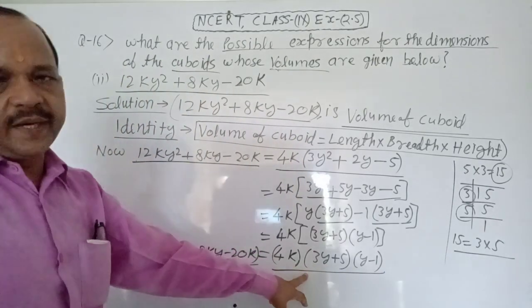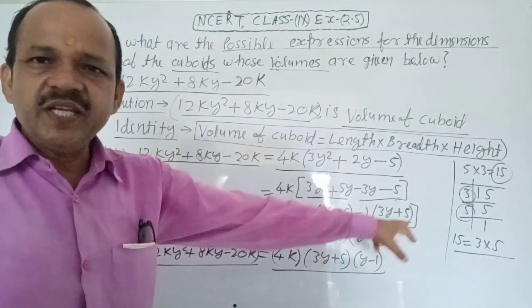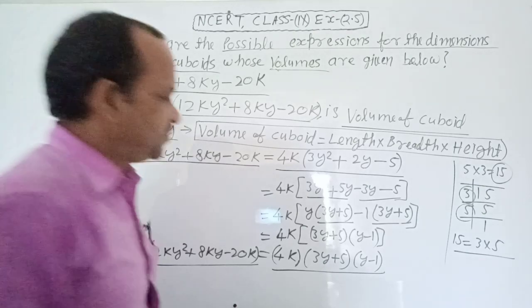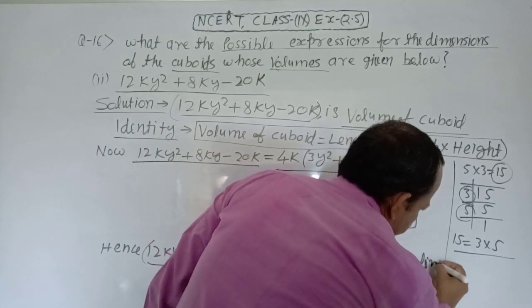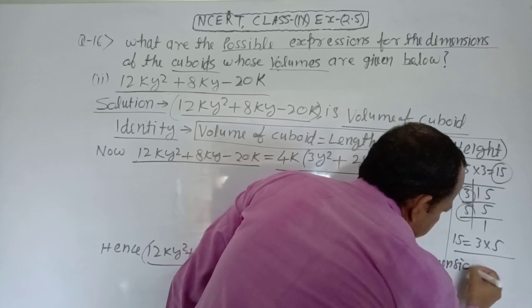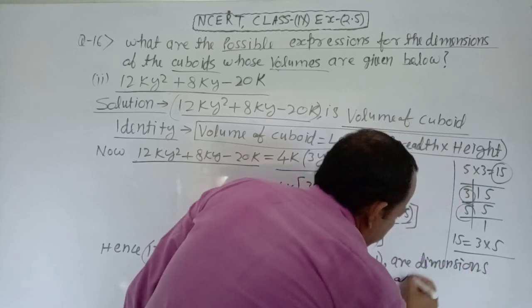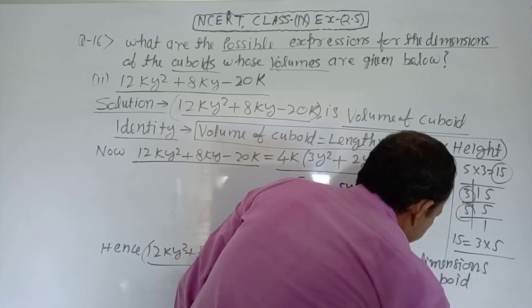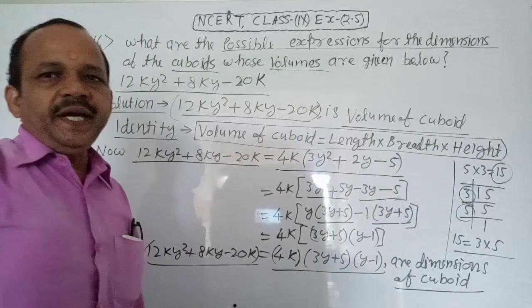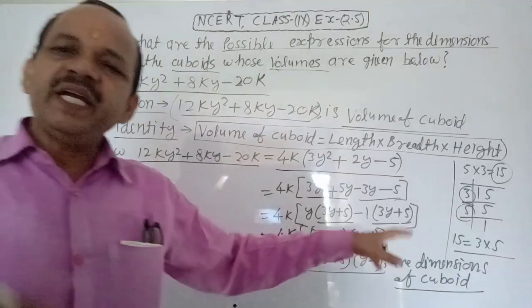4k, 3y plus 5 and y minus 1 are the dimensions of the cuboid. You find your solution very easily.